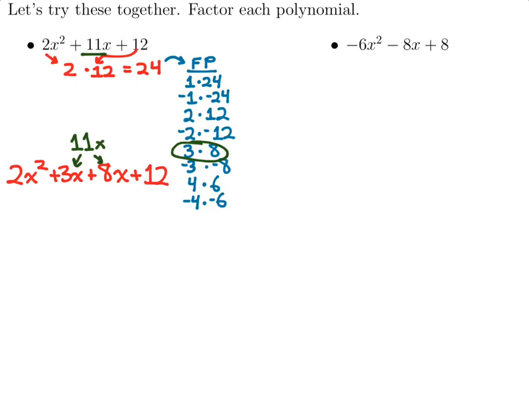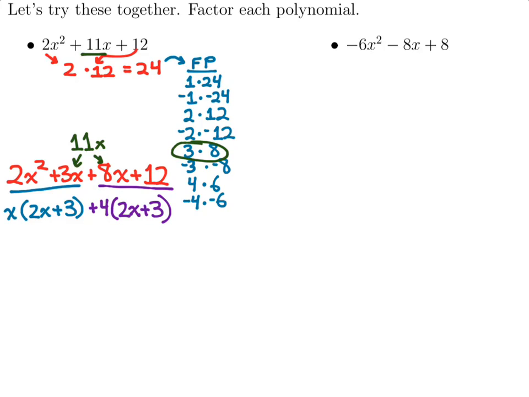Now when you do that, you set up 4 pieces, and we're going to grab them in groups. The first pair has an x in common, so we're looking for common factors in the first 2 terms, x, leaving us with 2x plus 3. And in the second 2 terms, there's a common 4. That leaves us also with 2x plus 3.